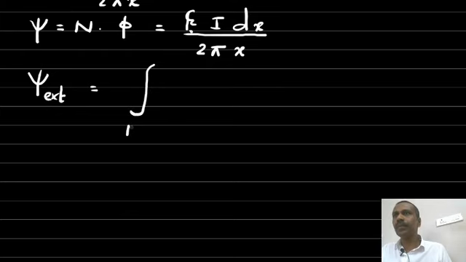Integral d1 to d2. These are the two external points we considered, d1 and d2. So we will get the total external flux linkage within this area.